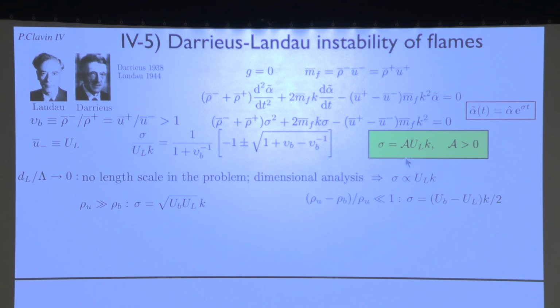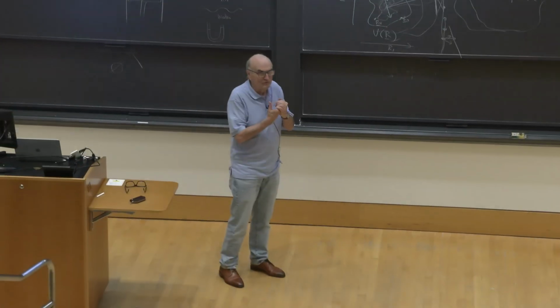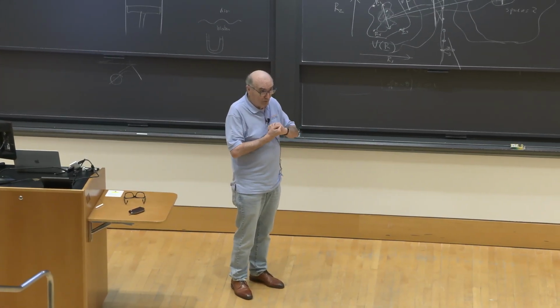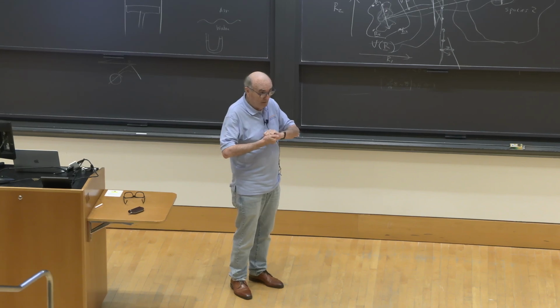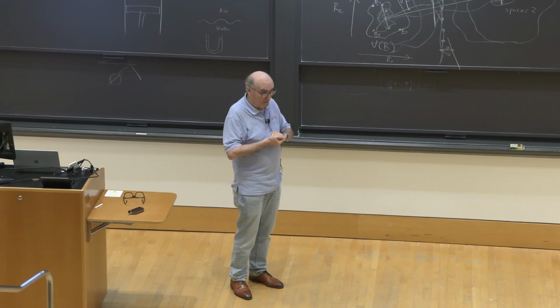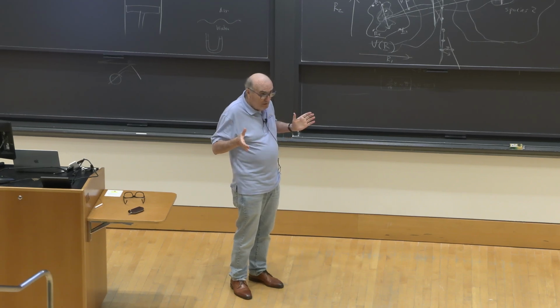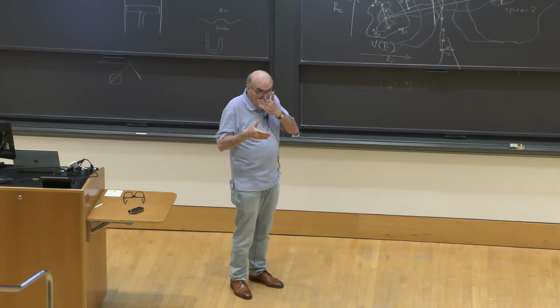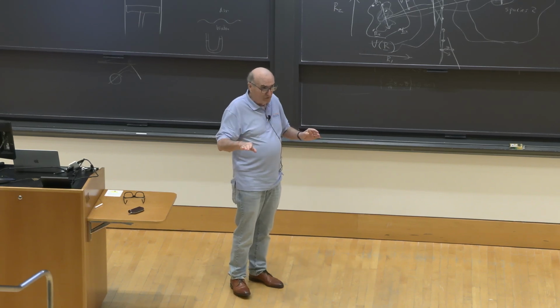And so now, if you want to build the inverse of a time, which is the growth rate, the only way to do that is to multiply UL by the wave number, that is, to multiply UL by the inverse of the wavelength. There is no other possibility. So you should immediately conclude without any calculation.